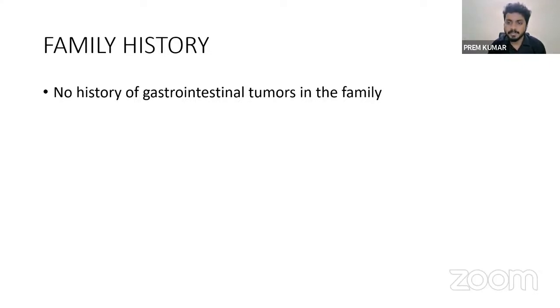So there may be a probability of infection of Clonorchis sinensis, which is more prevalent in Oriental countries like China or Russia and Vietnam. So that may be a probable causative factor in this.